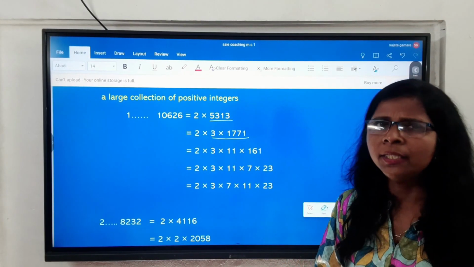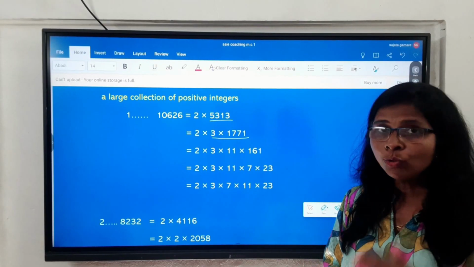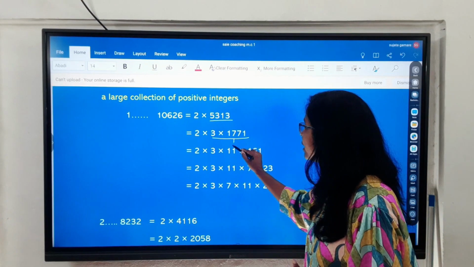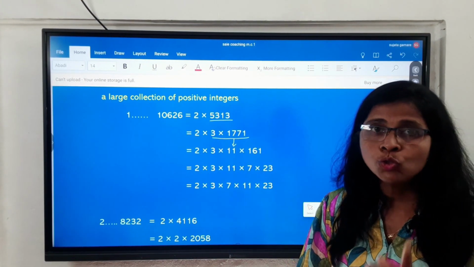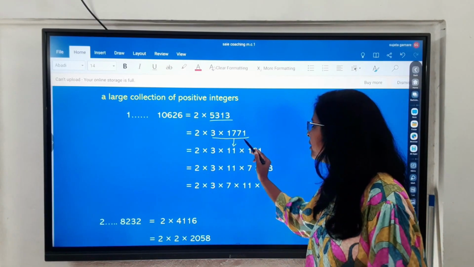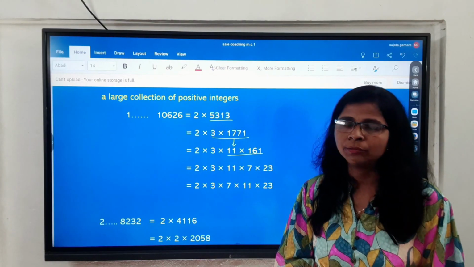Then again I factorize this 1,771. I know that 1,771 is divisible by 11. So the factors of this are 11 into 161.